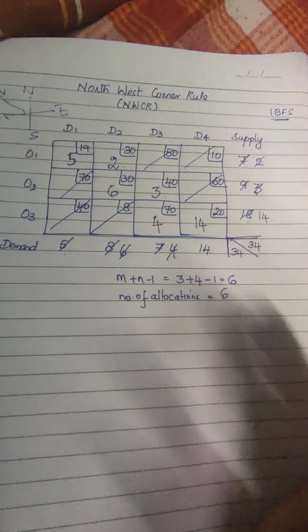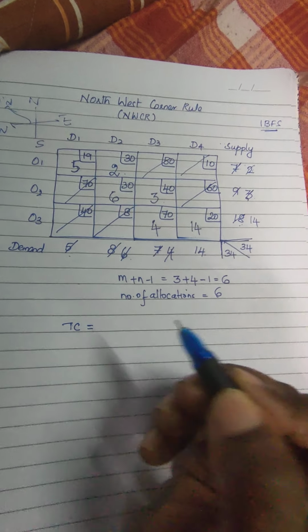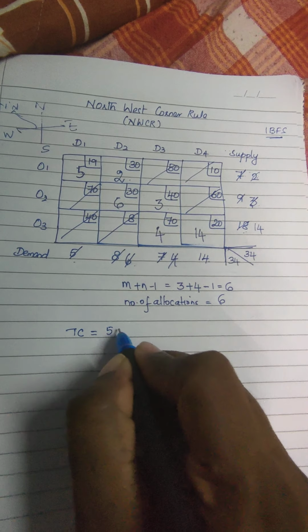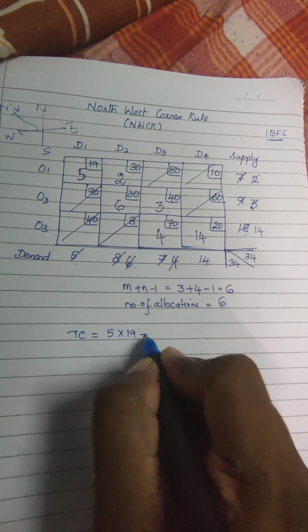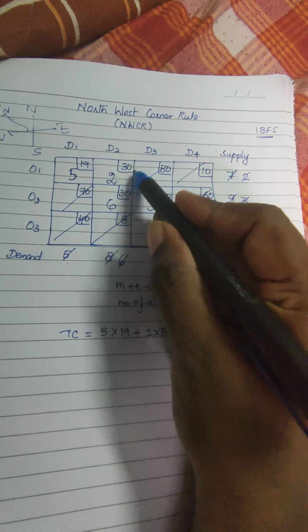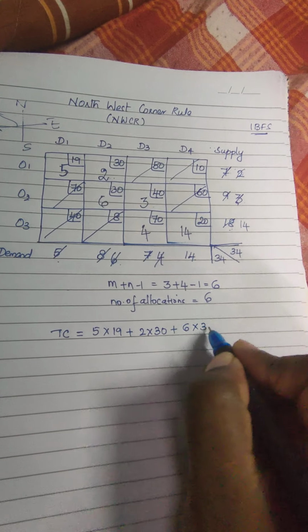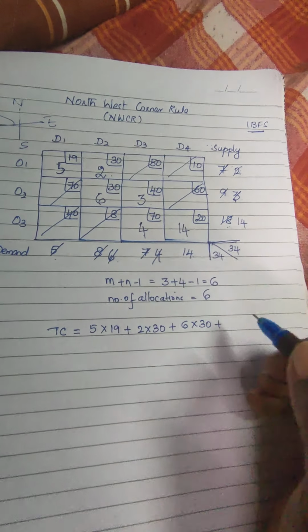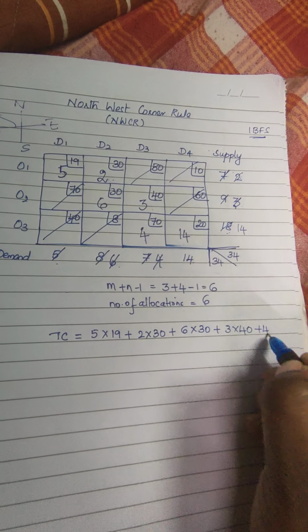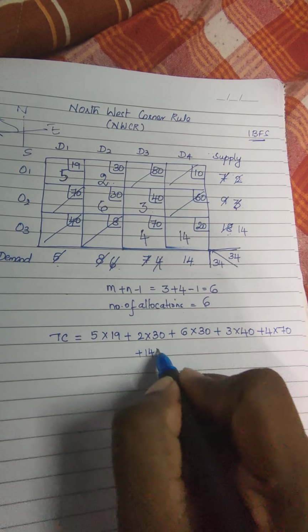Now I am not going to find the optimum solution for this, so I am just going to find the total transportation cost. I take the first one, 5 into 19 plus 2 into 30, plus 6 into 30, plus 3 into 40, plus 4 into 70, plus 14 into 20.